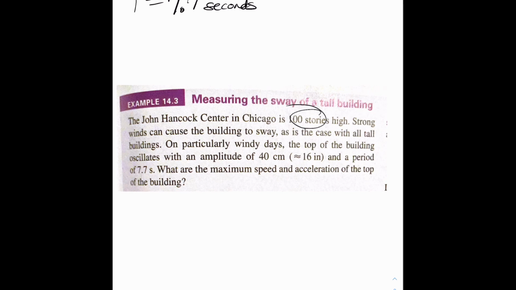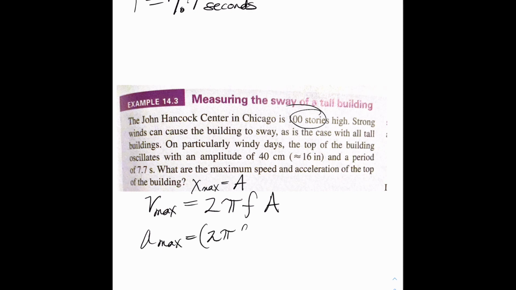What we saw in the notes was that Vmax is equal to 2 pi f times the amplitude, and I think we said A max, or position max, which is just equal to A. Notice they increased by a factor of 2 pi f every time. And then we said A max, acceleration max, is equal to (2 pi f) squared times A.